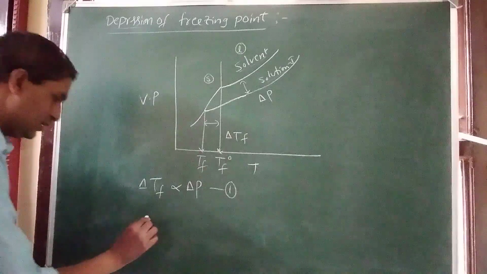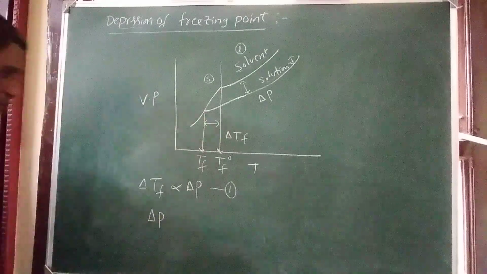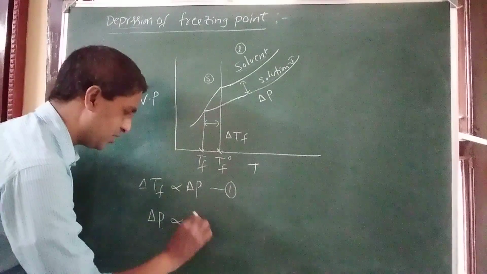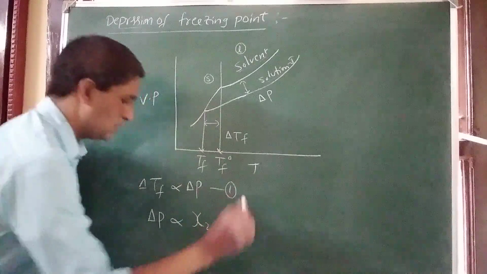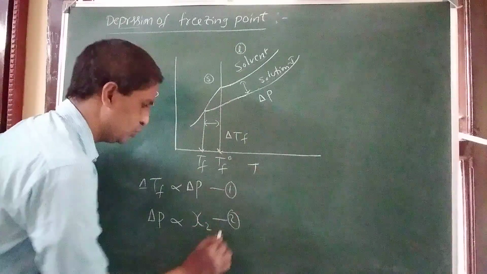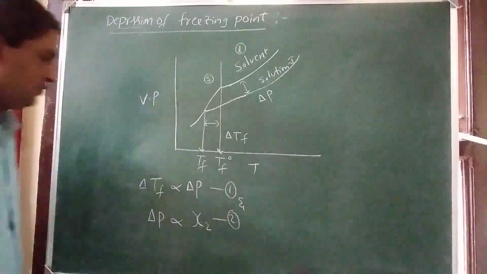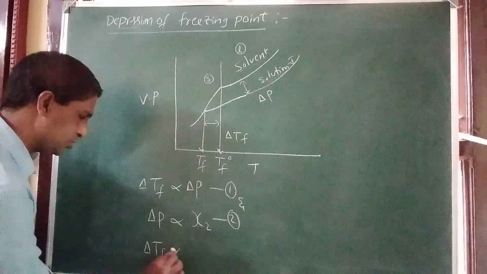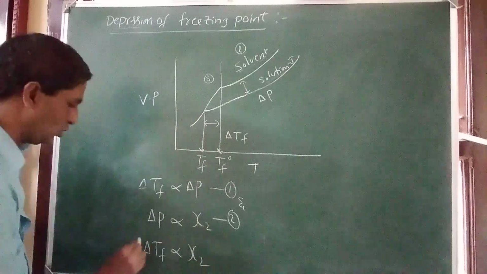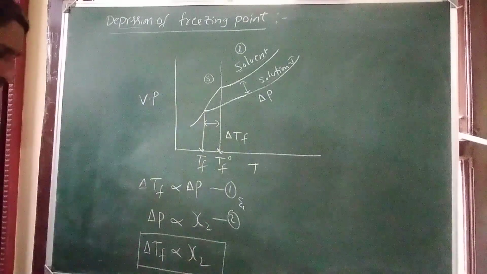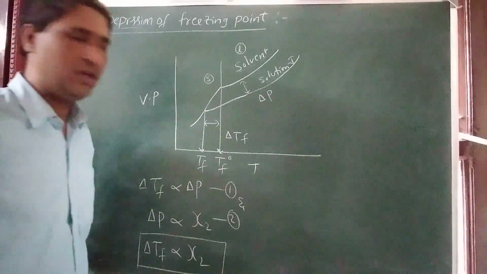And we know that delta P, the difference in vapor pressure of solvent and solution, is directly proportional to the number of solute particles, nothing but the mole fraction of solute. Equation 2. From 1 and 2 we can write delta TF is proportional to the mole fraction of the solute. Depression in freezing point is directly proportional to the mole fraction of the solute.